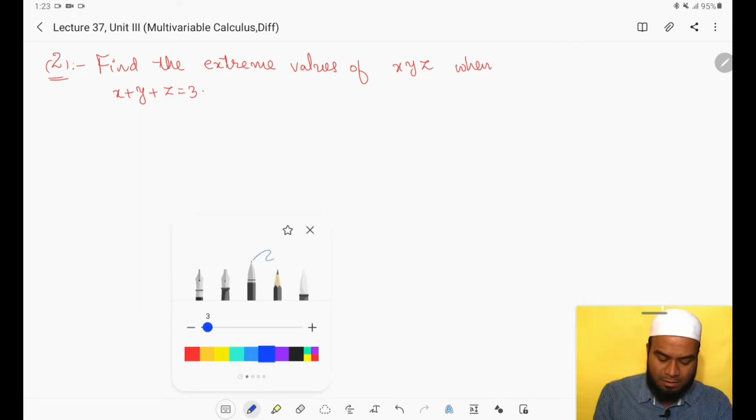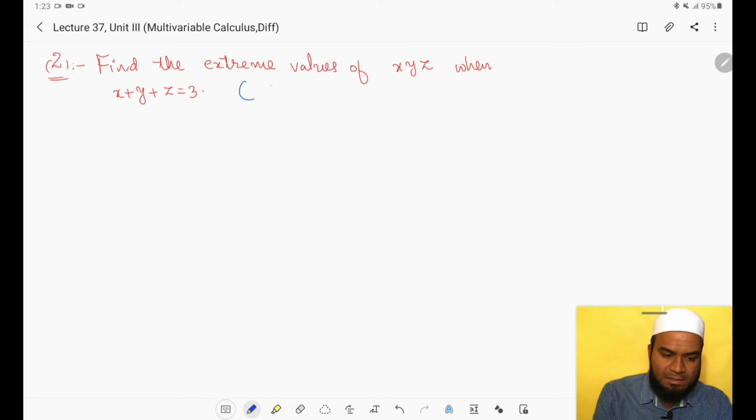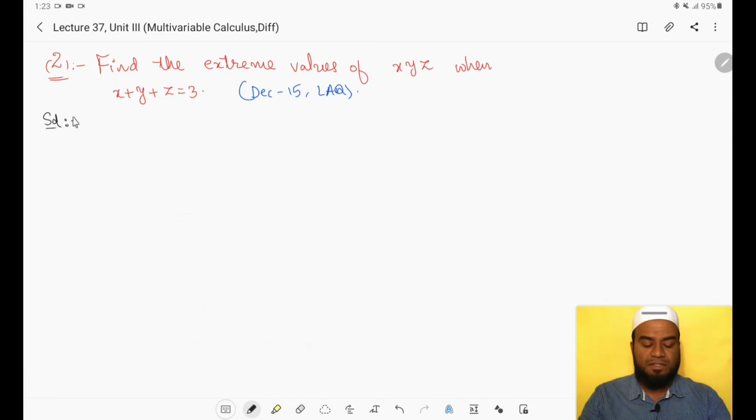This is the question, and this question was asked in December 2015 for 5 marks. For LAQ question it was asked. Now we'll see the solution of this, how to find the maximum and minimum for the given function xyz.